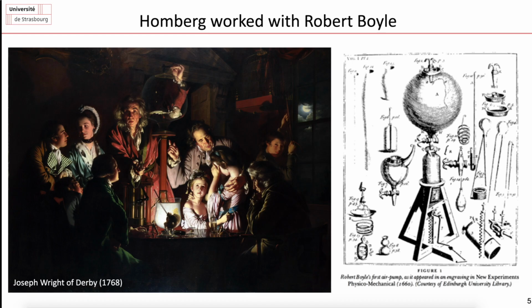On the right side here, you see his first invention, which is an air pump. He has this ball here, which is a chamber, and then some kind of pumping device here. He was the first person that we know of, at least, that made a vacuum.